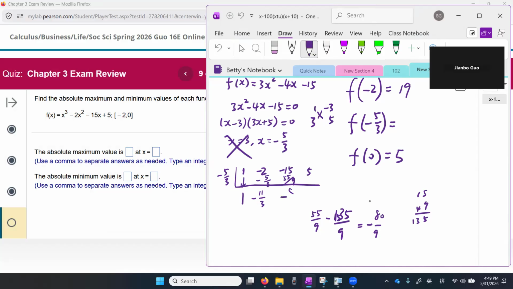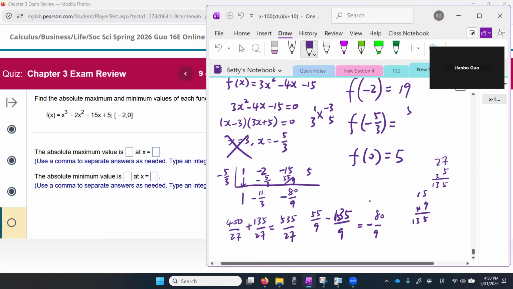So -80 over 9. And then times that, we got 27, 400. And plus 5. 27 times 5 is 135. So that is 535 over 27. Okay, so I'm going to use the calculator to do it again.